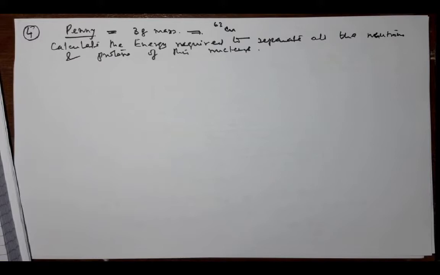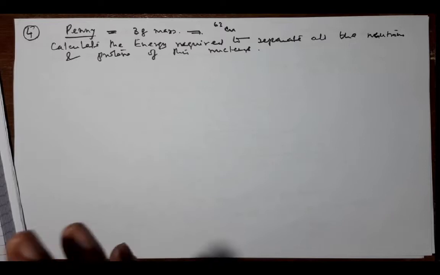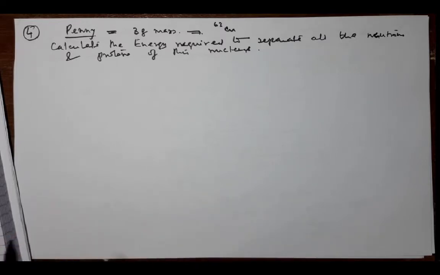So we have a 3 gram penny with a nucleus. This is copper 63. Then now we have to find out the energy. What will be the energy required to separate the neutrons, or you can say all the nucleons, from the nucleus.